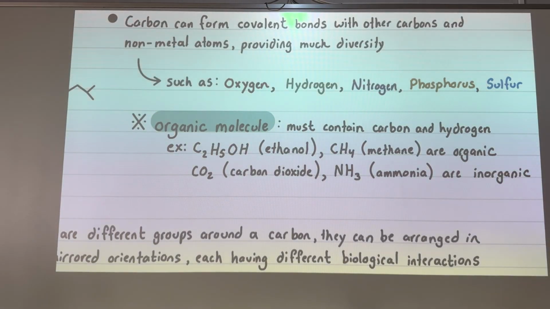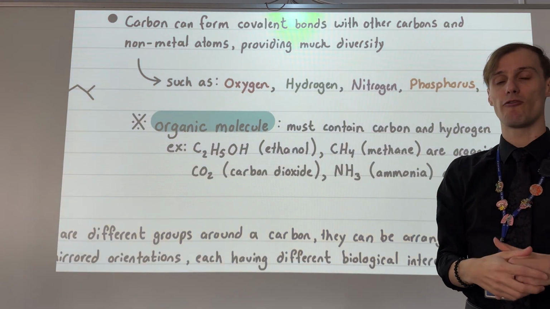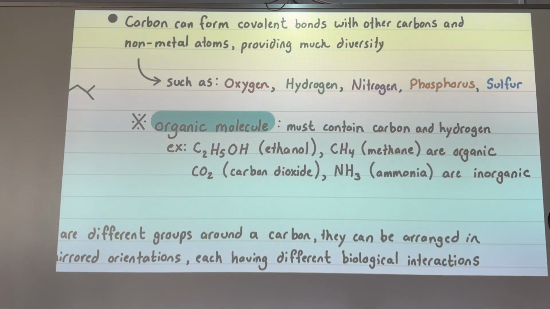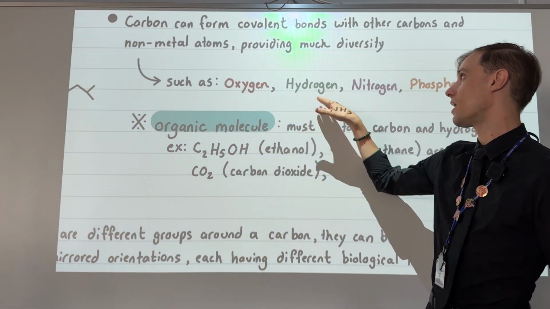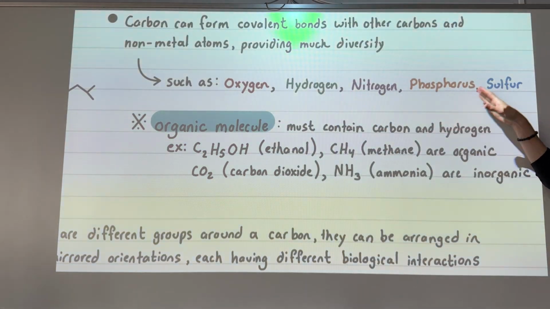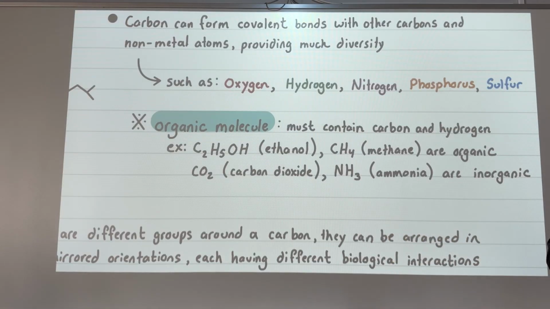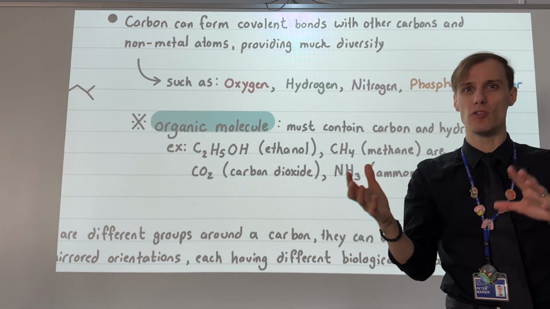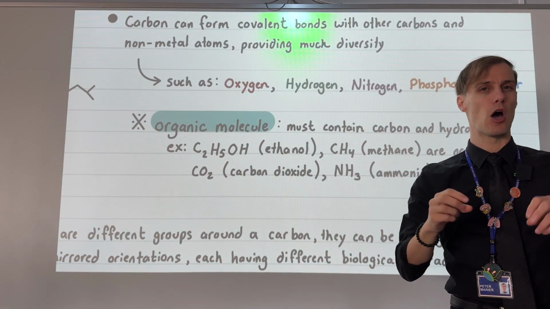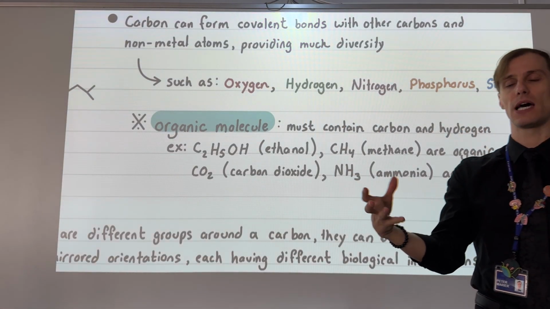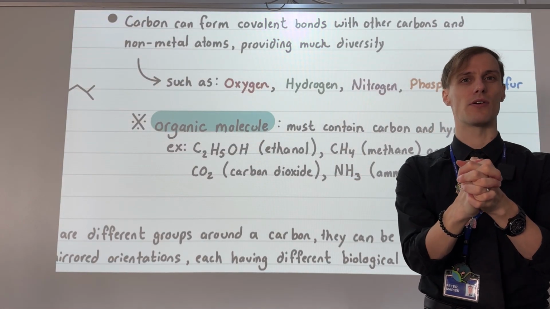Carbon does not just form bonds with itself, it can form bonds with a number of different molecules. So for instance, it regularly bonds with oxygen, hydrogen, nitrogen, phosphorus, and sulfur, as in the case of the 4 major biomolecules. Now, as a quick aside in terms of nomenclature here, organic molecules refer to any molecules that have carbon and hydrogen bonded covalently together.